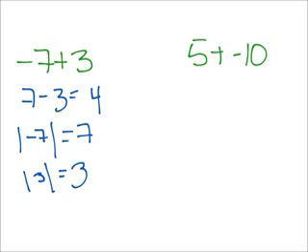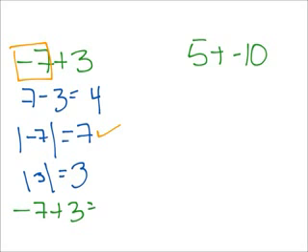In this case, the biggest number is 7 because 7 is bigger than 3. Therefore, I'm going to make my sign negative. So this is going to be -7 plus 3 is actually going to give me -4.